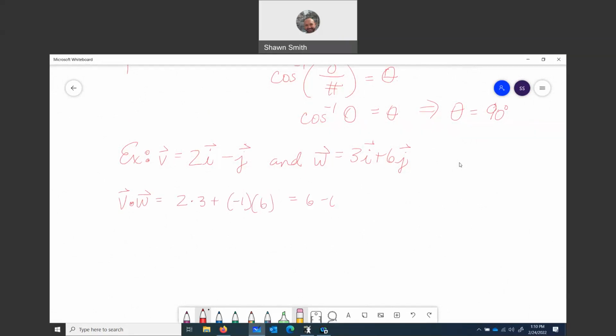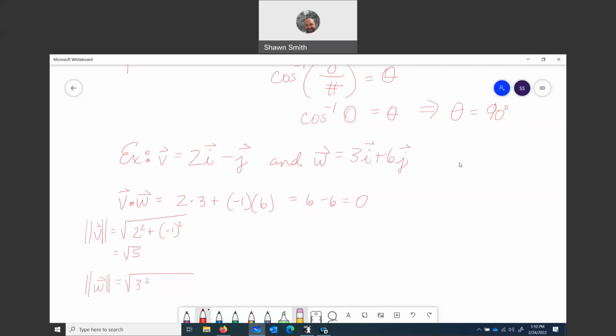That's 6 minus 6 is 0. Really don't even care what the magnitude of V is. But that's 2 squared plus -1 squared. I'm looking at the wrong one. That's 4 and 1 makes 5, square root of 5. And W, I really don't care about it because this is my numerator, 0 divided by anything is still going to be 0.